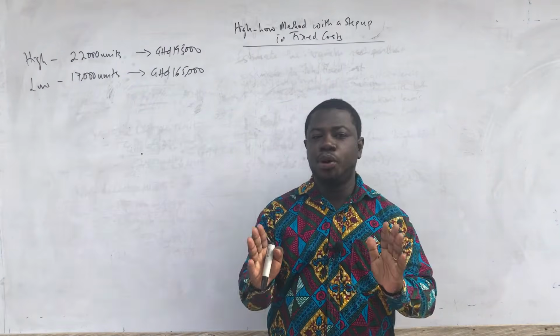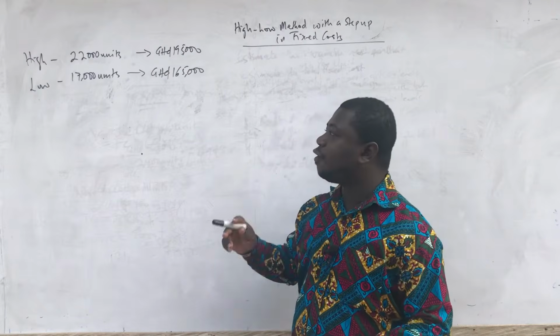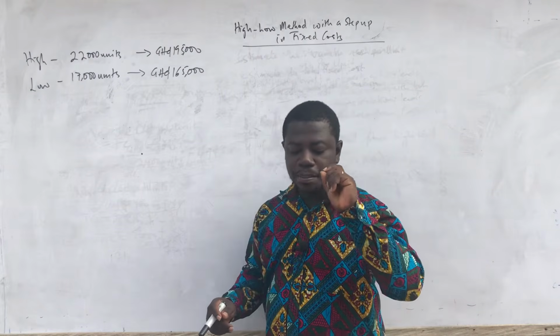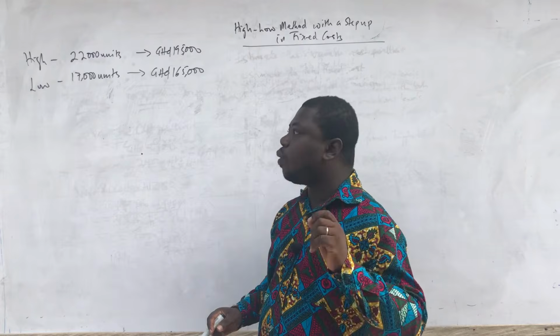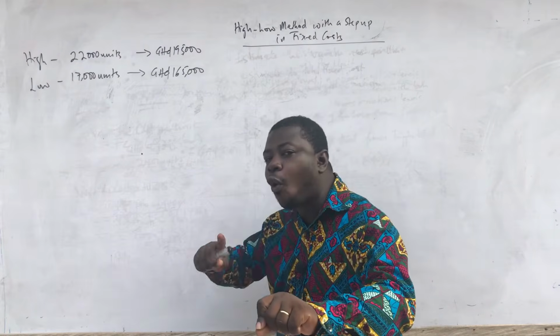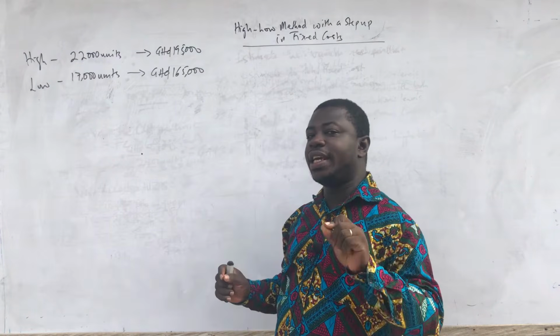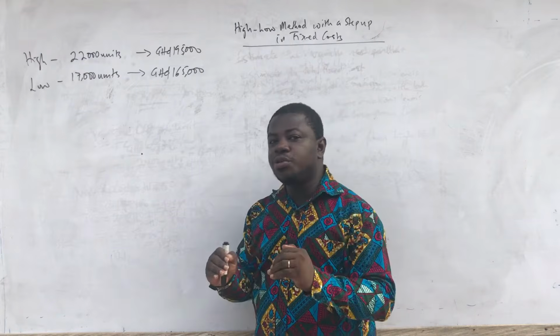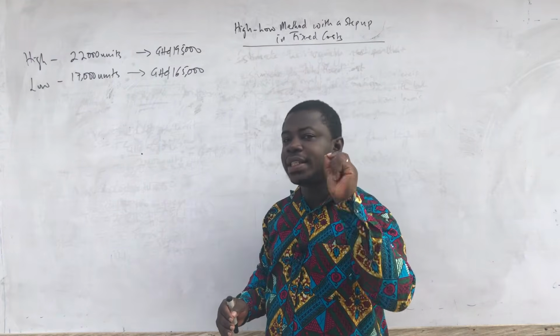Now, most importantly, we are told that fixed cost will increase by 15,000 cedis when output reaches or exceeds, so it is like equal to or greater than, 19,000.